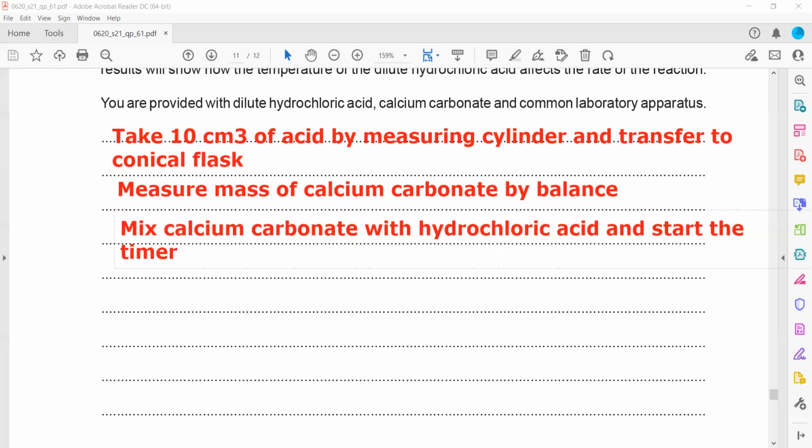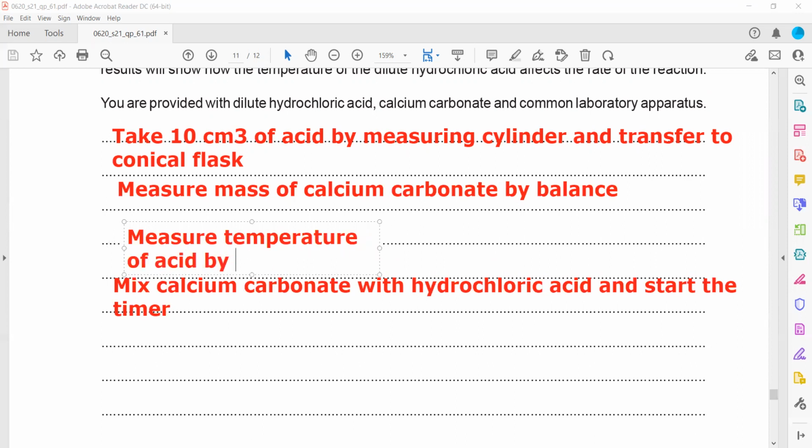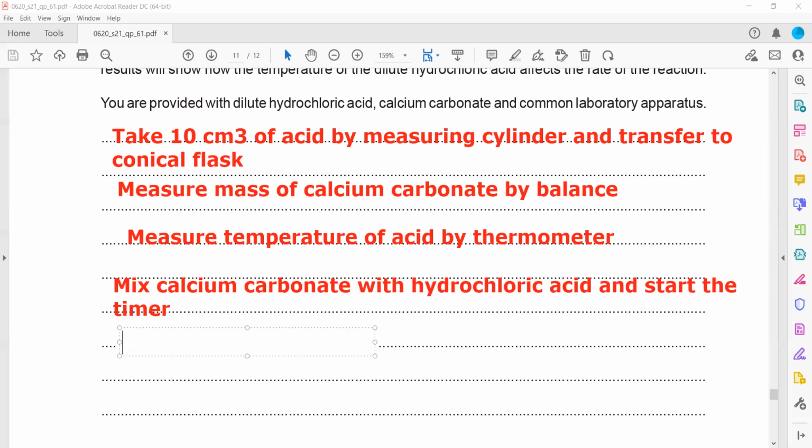Then we will mix calcium carbonate with hydrochloric acid. We'll start the timer, and we will measure the change in the mass at regular time intervals until the mass of the content in the flask does not change.